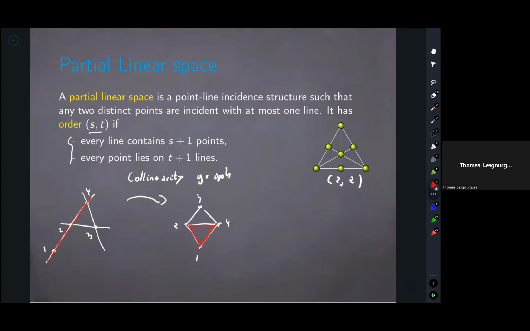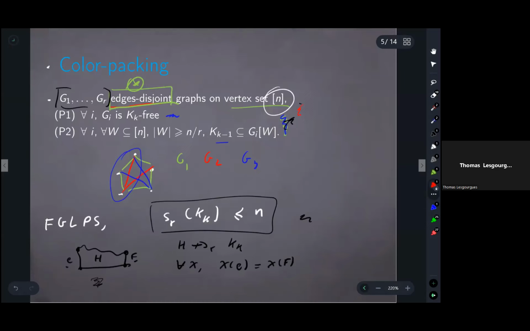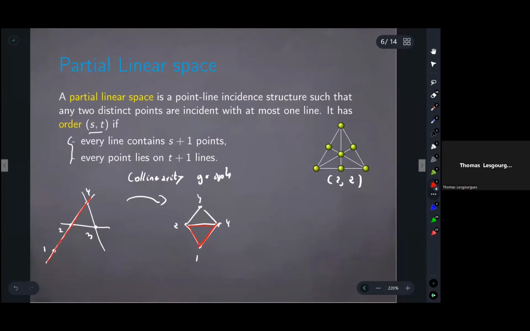But remember, that will give us a graph. One condition we want on our graph in the end is to have good control on the cliques inside this graph. In this kind of graph, the cliques, and specifically the triangles, can come from two sources. The first one is if you have a line, well, obviously you have a triangle in the graph, but also if you already have a triangle in your point-line geometry, that gives you a triangle in the graph.